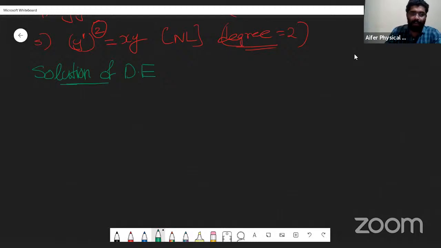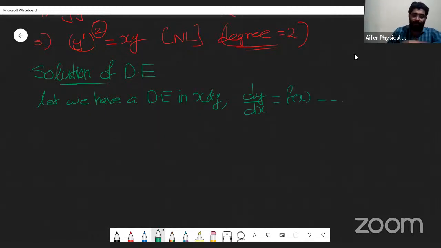Suppose we have a differential equation in x and y. Say dy by dx equal to something, f of x or something. So the solution of this differential equation means a relation between the dependent variable and the independent variable.